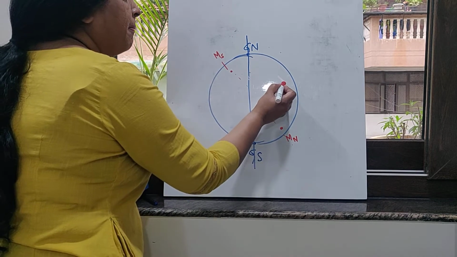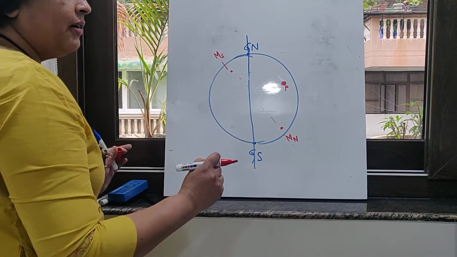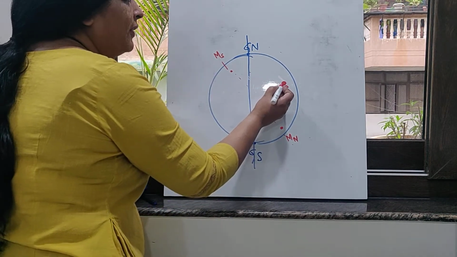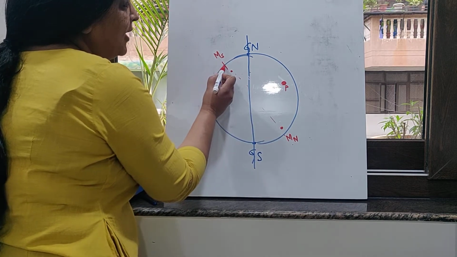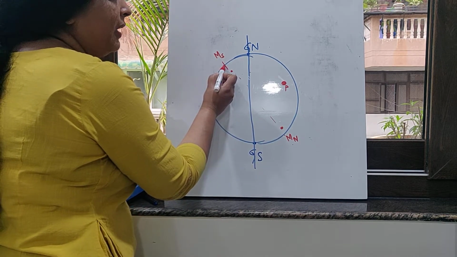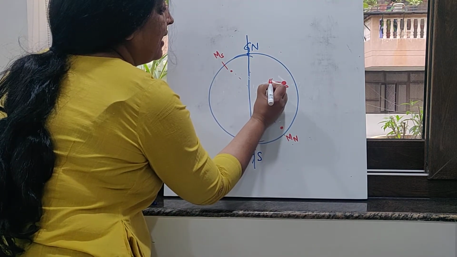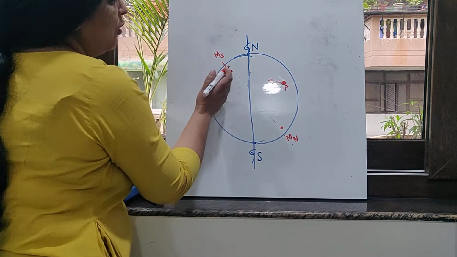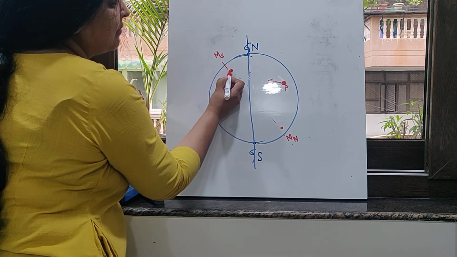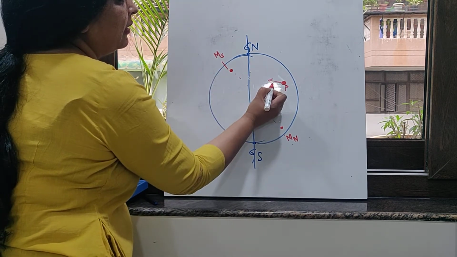Now, the compass needle is magnetic in nature, so the north pole of the compass needle will point towards the magnetic south of the earth. So it means that the needle will start pointing like this, because it wants to point towards the magnetic south pole of the earth.